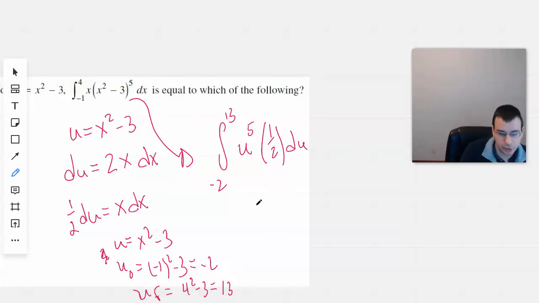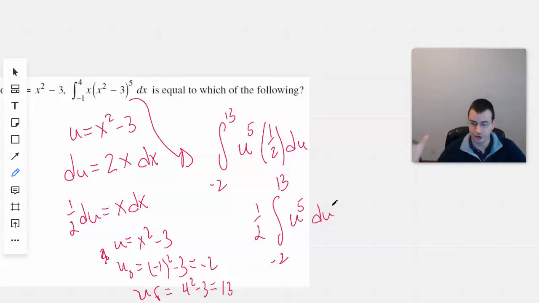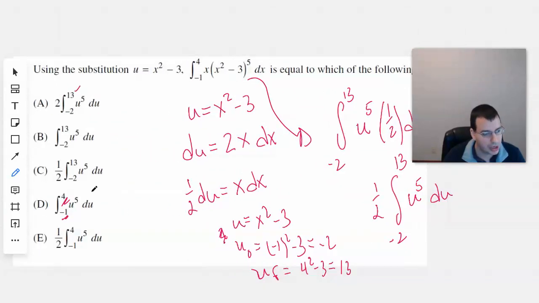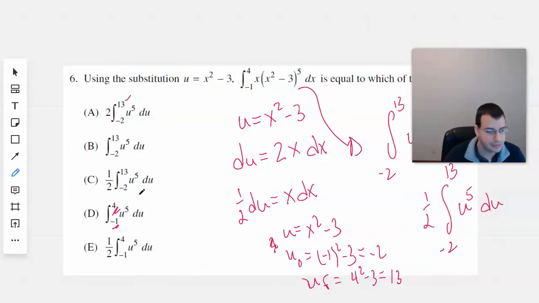And we can move the 1/2 to the outside. That's just a property of integrals. We justified it earlier in a previous video by relating it to area under the curve, and if you look at Riemann sums, it makes sense that you can move out a scalar like that. So 1/2 u to the 5th du. Yep, this one right here.